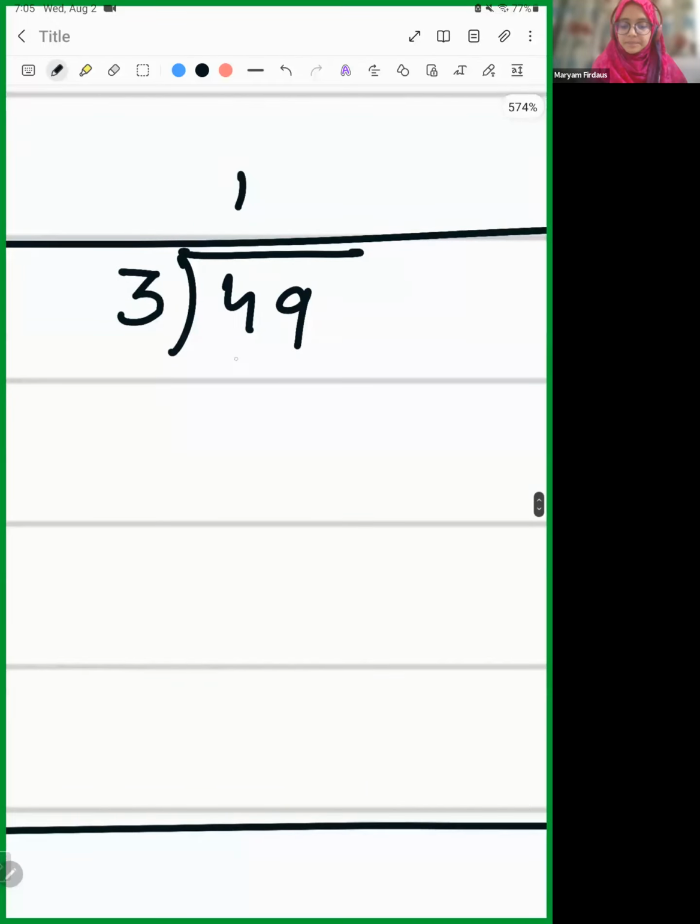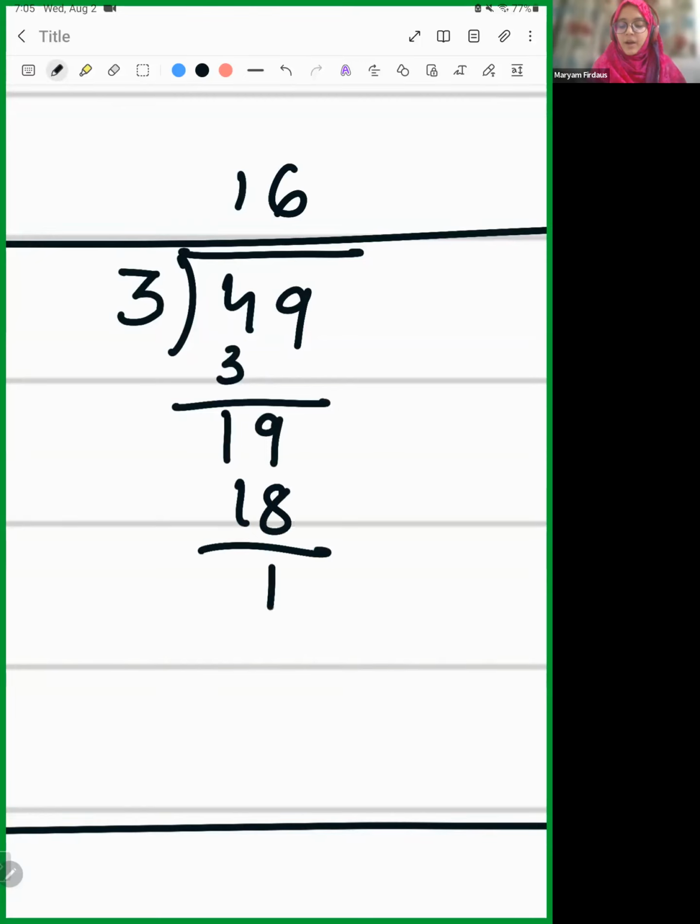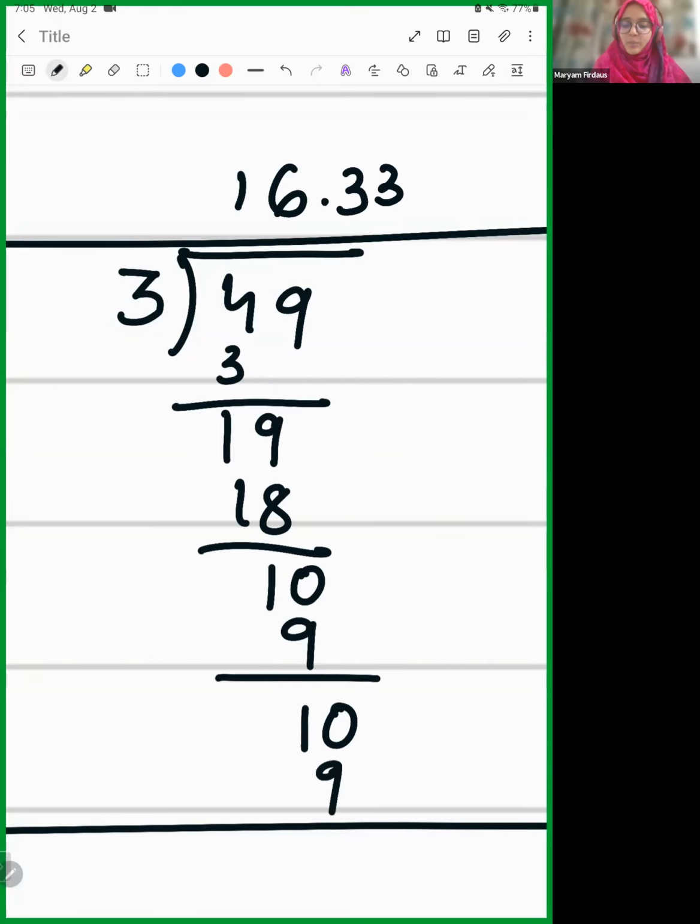3 ones are 3. 1. And then the 9 gets carried. 3 6s are 18. 1. Now what do we do? Point, decimal point, and then 0. So 3 3s are 9. Again 1 0. So it will keep on going like that. So we can just stop at 16.33.